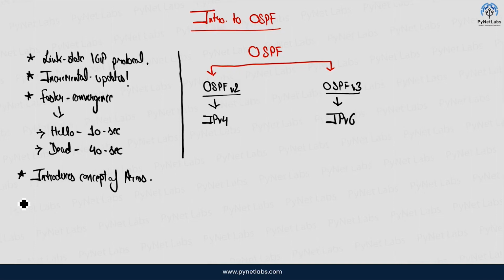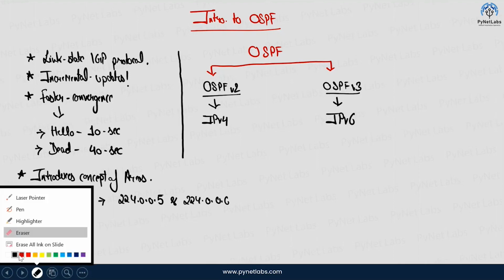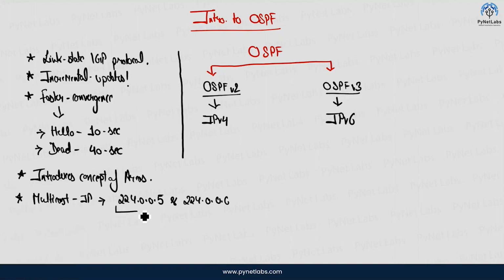Apart from that, in OSPF multicast addresses are used. It is going to use some multicast IPs. Usually you will see 224.0.0.5, this is the multicast IP, and somewhere you will also find 224.0.0.6. These are the two multicast addresses which OSPF is going to use, and we will see the sense of 224.0.0.5 and 224.0.0.6 in the upcoming section.